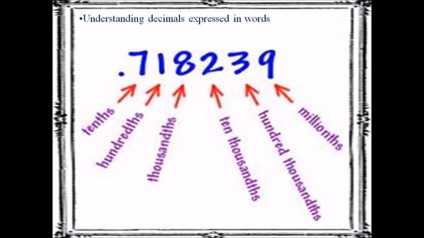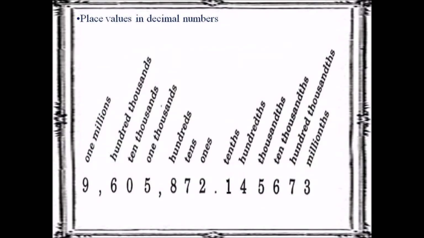The place value in a decimal number before the decimal is the normal numbers, that is ones, tens, hundreds, thousands, ten thousands, hundred thousands and millions, but after the decimal it will be tenths, hundredths, thousandths, ten-thousandths, hundred-thousandths and millionths.